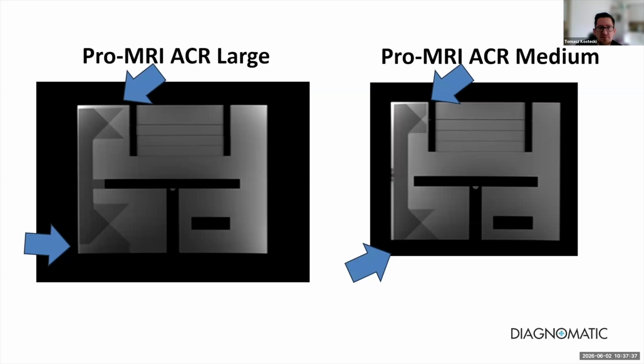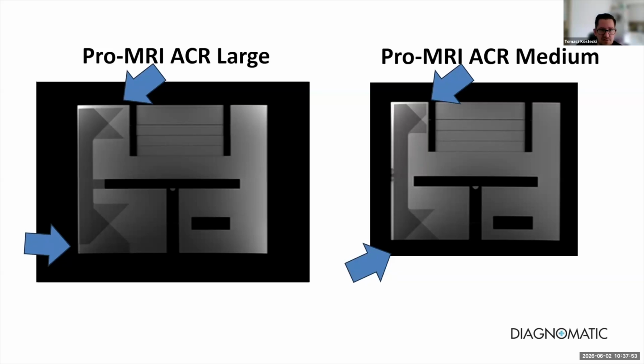The main difference between the Pro-MRI ACR phantoms is their size. Because the medium phantom has a smaller internal volume, some of its internal structures are shortened compared with the large phantom.